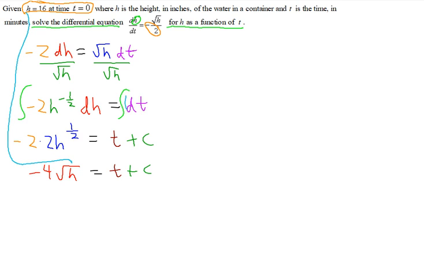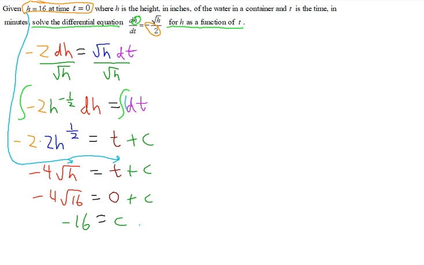So you can put those in for h and t. So negative 4 square root of 16 equals t is 0 plus c. So c would equal, square root of 16 is 4, times negative 4 gives you negative 16.